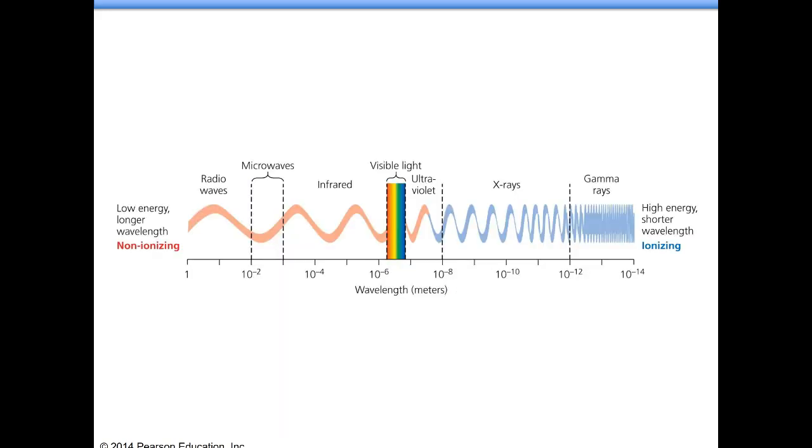Here's that electromagnetic spectrum that we were talking about. In this particular area, this is the light that is visible, that we can see. So that's our rainbow. And then on either side, this is the energy that we cannot see. And as you notice, the wavelengths change.